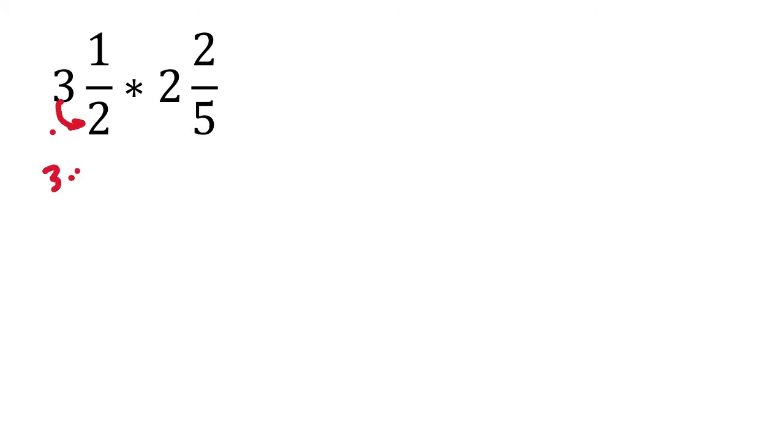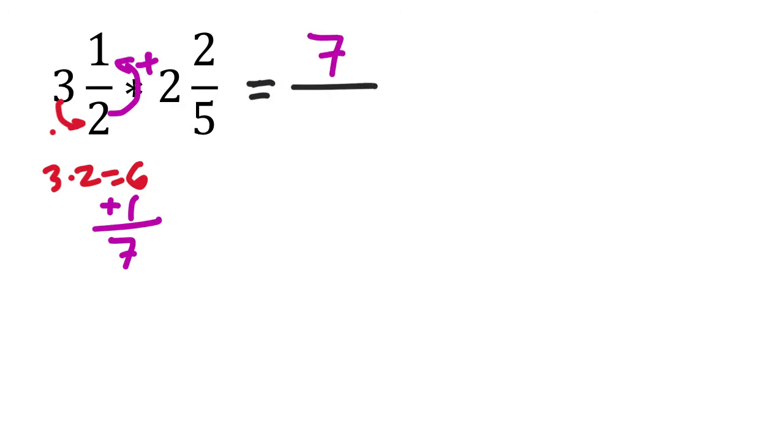Again, that's 3 times 2 first, which is 6. And then to complete the cycle, you'll add the 1 numerator, which is 7. So as an improper fraction, 3 and 1/2 becomes 7 over 2. Remember that denominator stays the same as 2 right there.